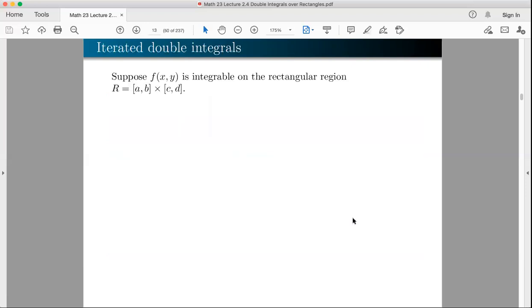Now, how do we evaluate a double integral? We don't want to perform the partitioning, the approximation, and then the evaluation of the limit. That would be very terrible. So we need some approach to evaluate the double integral. For this, we need what are called iterated double integrals. How do we do this? Suppose that we have an integrable function f on the rectangular region R. Take note that if we have this definite integral, the integral from c to d of f of xy dy, when we integrate this, we integrate with respect to y.